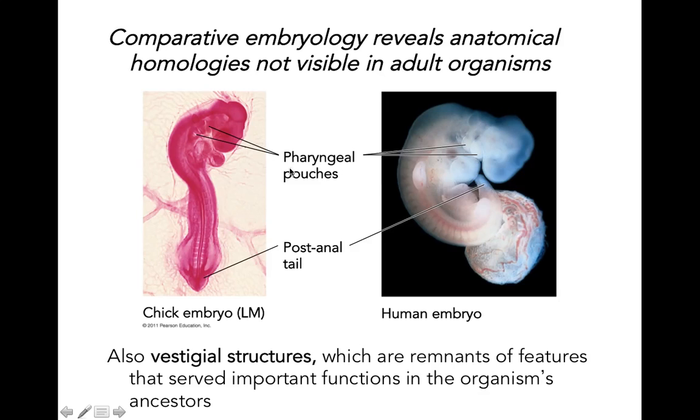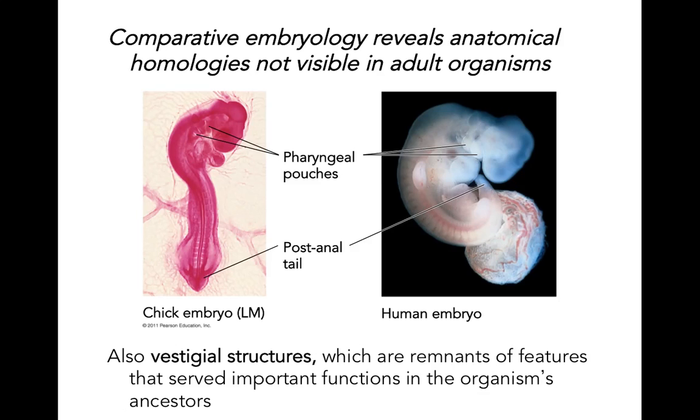So, for example, in chickens and in humans and in all vertebrates, one of the characteristics we see is that we have these pouches in the throat area. These are called pharyngeal pouches, which are vestiges of gill slits that were found in our ancient ancestor. There's a post-anal tail. You might say, well, where's my postanal tail?